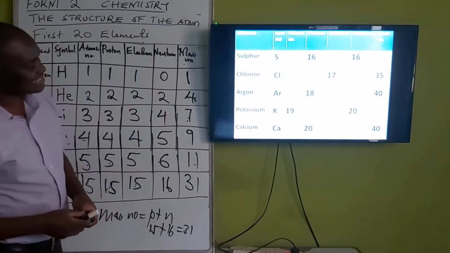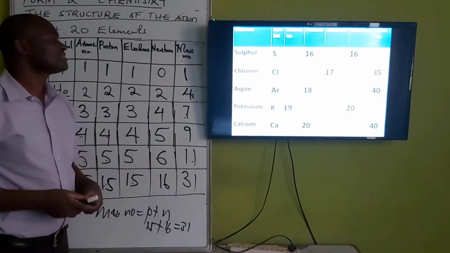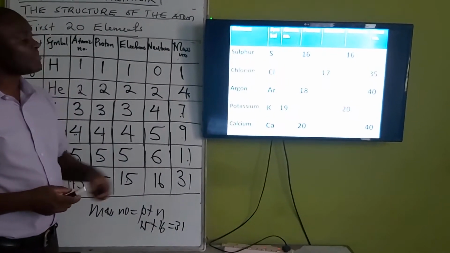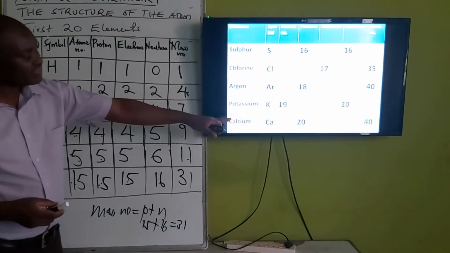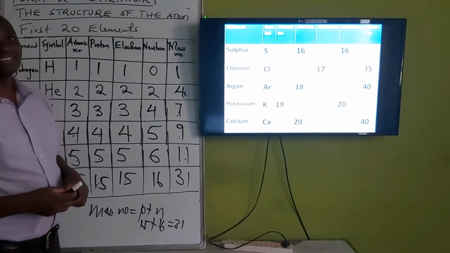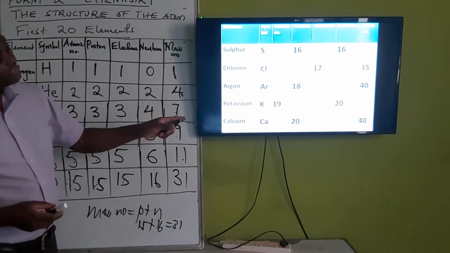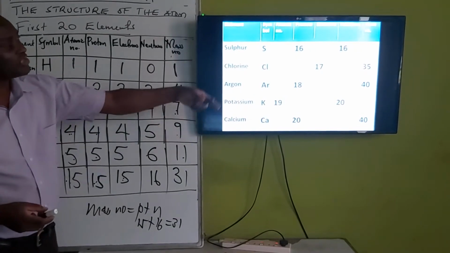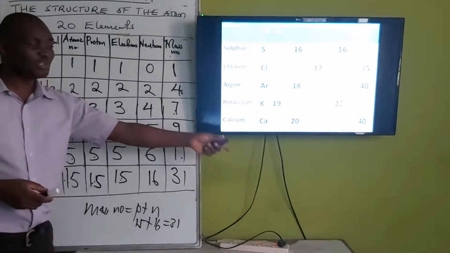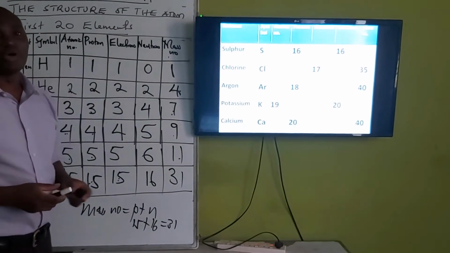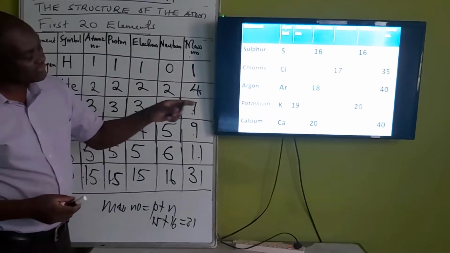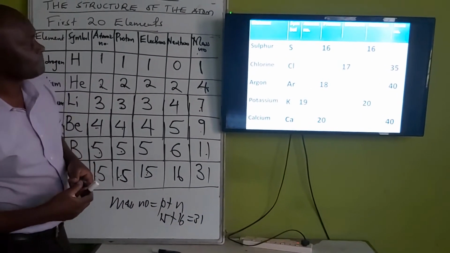And the last in this list is calcium, and we are given Ca as the symbol. In between, atomic number is missing, but you have the protons. So use the protons to get atomic number, and then fill in the remaining parts.